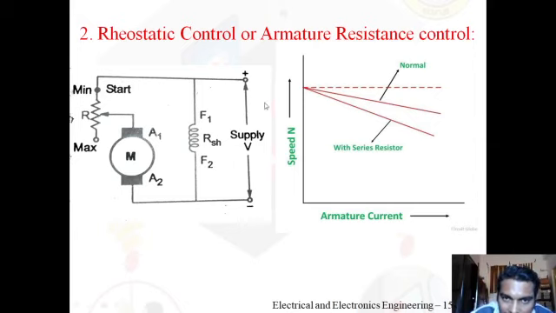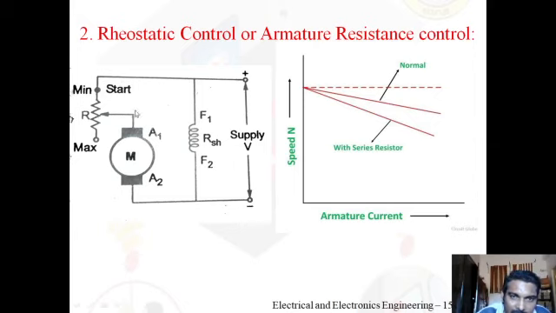So this one we have already discussed from the speed current characteristics. This line, the dotted line in the graph, represents the no load speed of a DC shunt motor. That means when the load is zero, irrespective of the resistance connected in the armature.